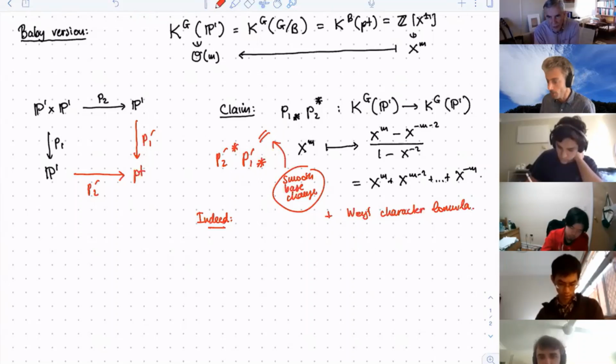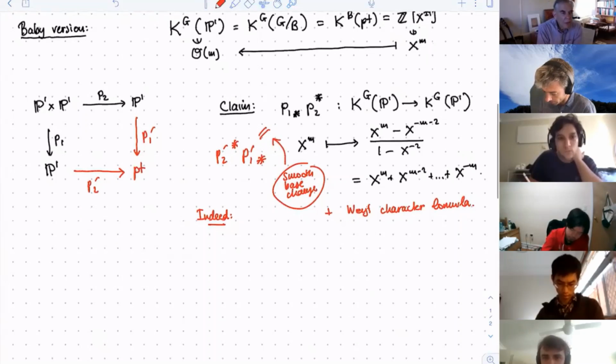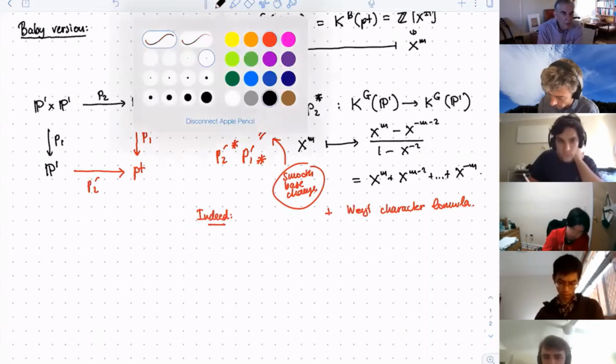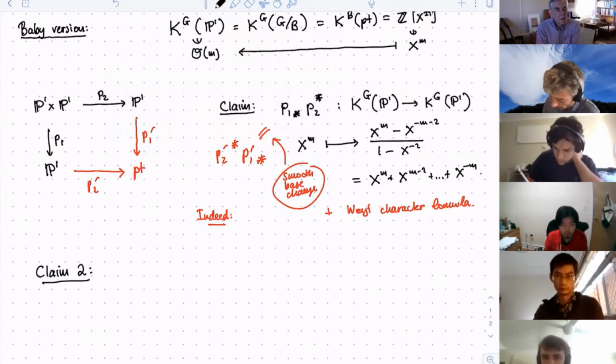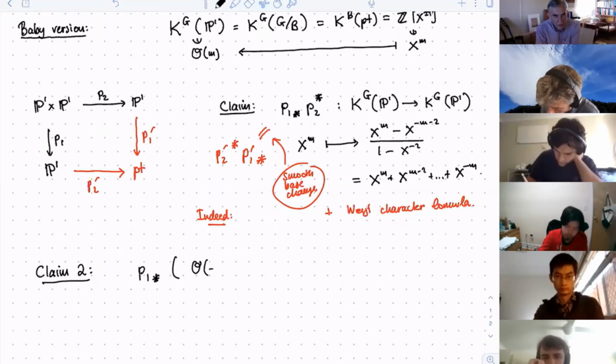And claim 2 is that if we do something a little bit more fancy, like we take P1 lower star and tensor with O(-2, 1), so this is on P1 times P1.